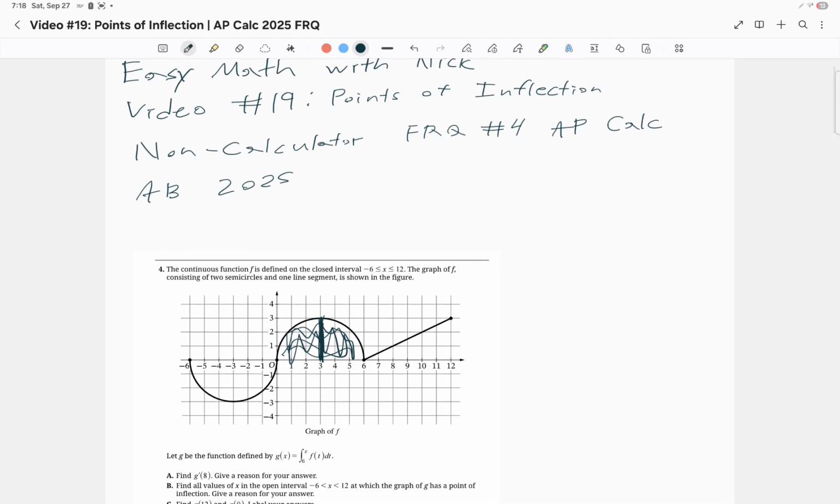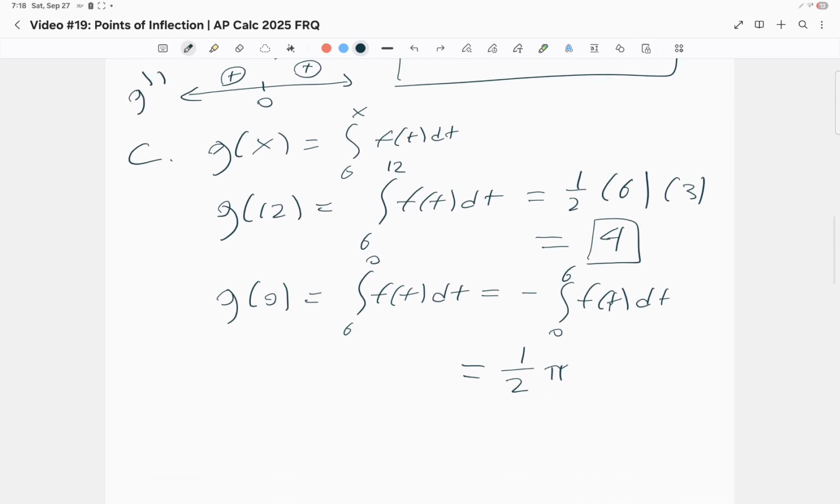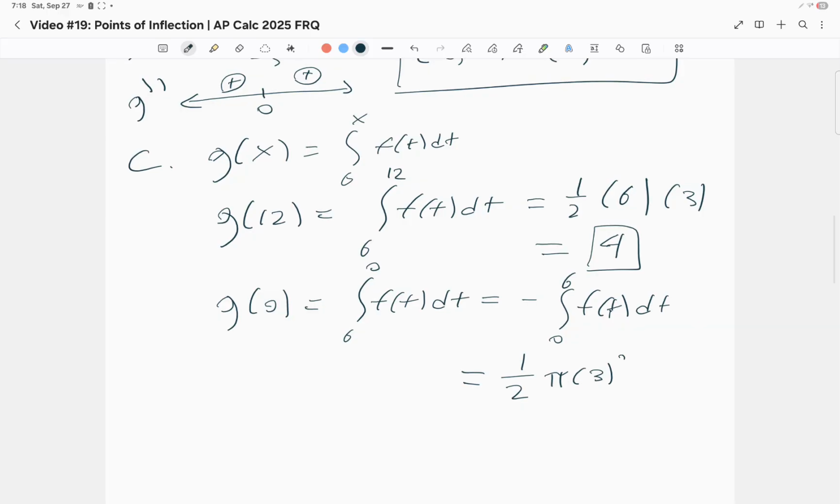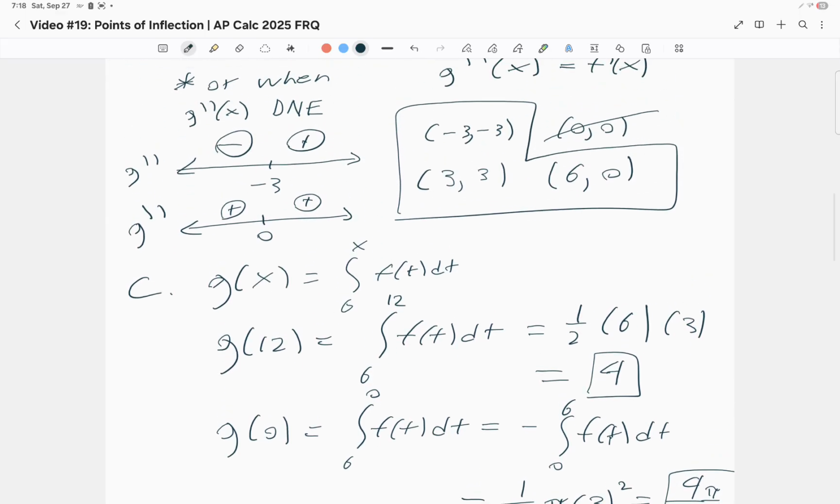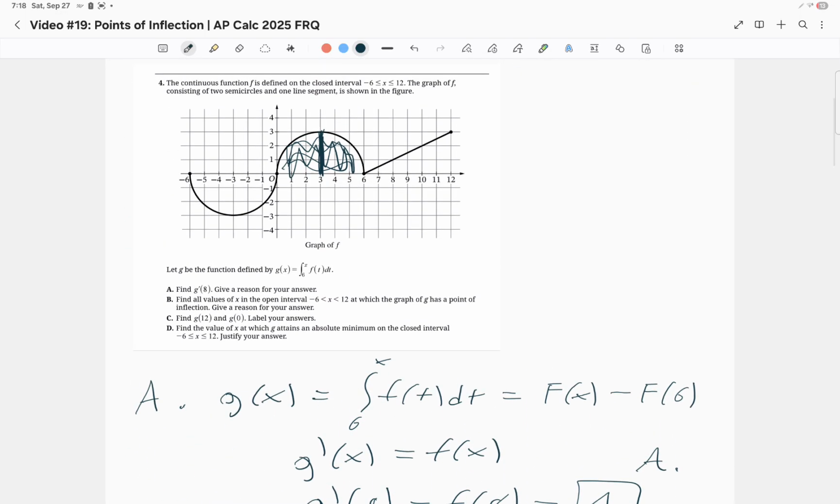That's going to be this here. You know what a radius is. I don't have to tell you. 1/2 pi times 3 squared, which equals 9 pi over 2. So that is our functional value for g at 0. So that wasn't so bad, right?